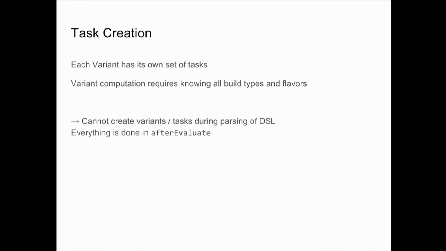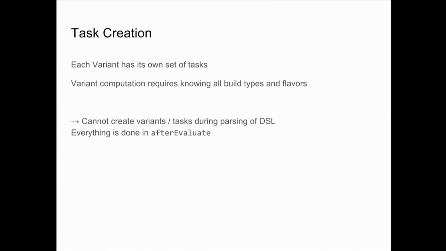One problem that we have is, in order to actually build those tasks for each variant, the variant computation, really we need to know all the build types that you have. We need to know all the dimensions of flavor that you may have, and we need to know all the flavors in each dimension. So that means we can't really do that as we're parsing the DSL. It's too complicated, right?